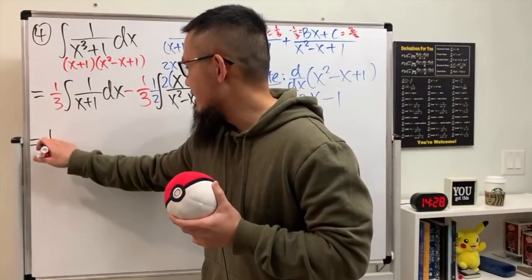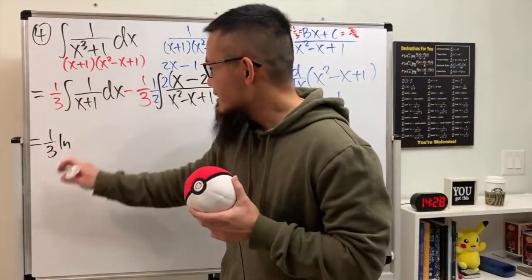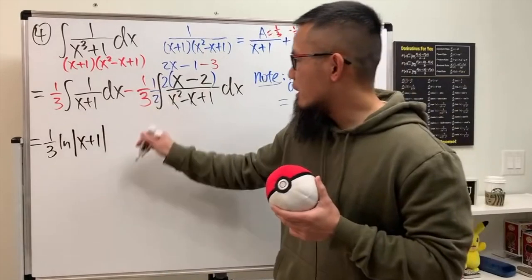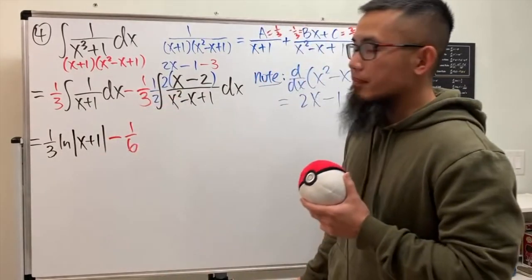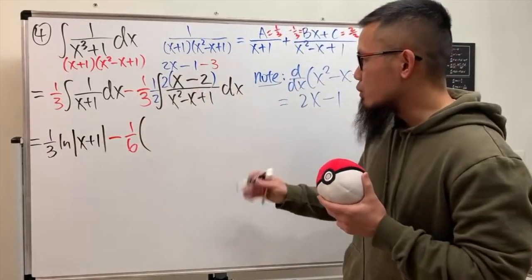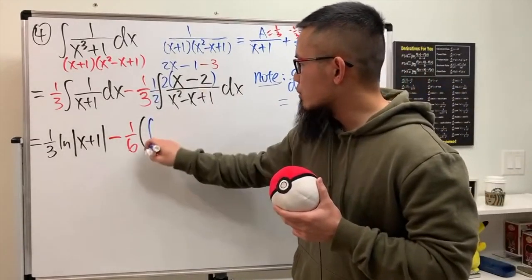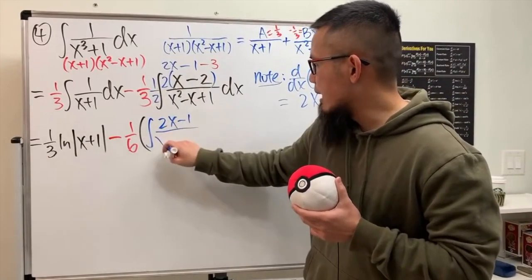So this right here, ladies and gentlemen, I just want to get at least the first part of the answer right. 1/3 natural log absolute value of x plus 1, done with the integration. Here we have the minus 1/6, right? And then let's put down a parentheses because we still have to break this down into two integrals. The first integral, I will put this down in blue: the integral of 2x minus 1 over that denominator.